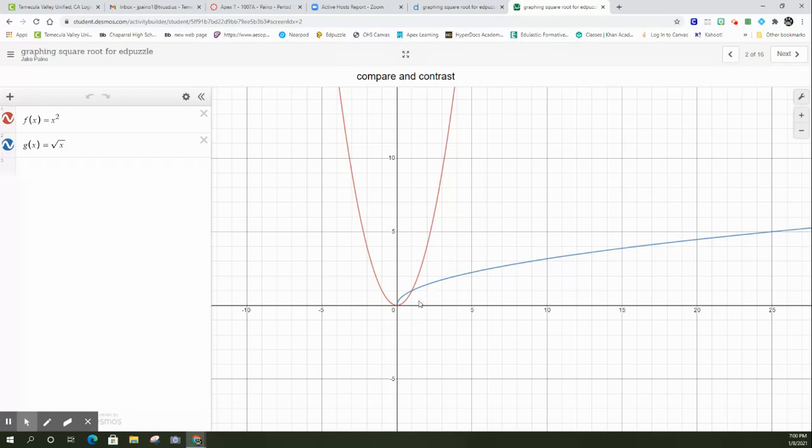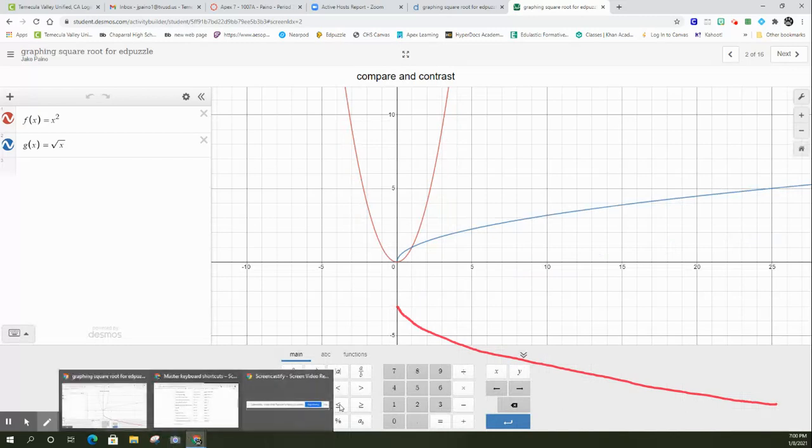By almost, I mean it does reflect over the line y equals x, but only half of it does. This half would all be negative, and obviously it can't do that. We don't reflect this part of the graph because then g of x would not be a function.